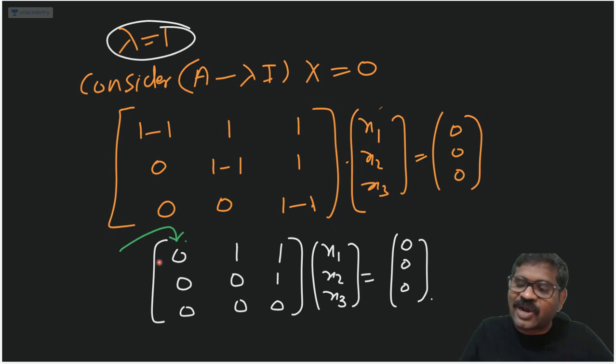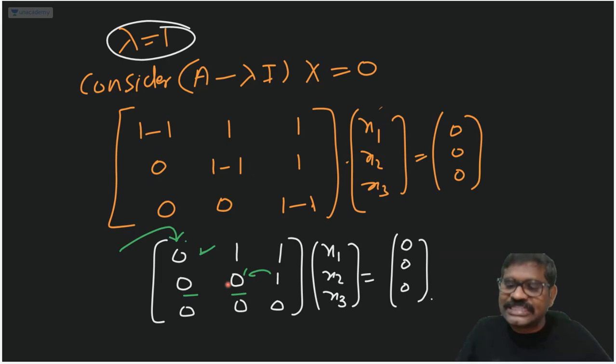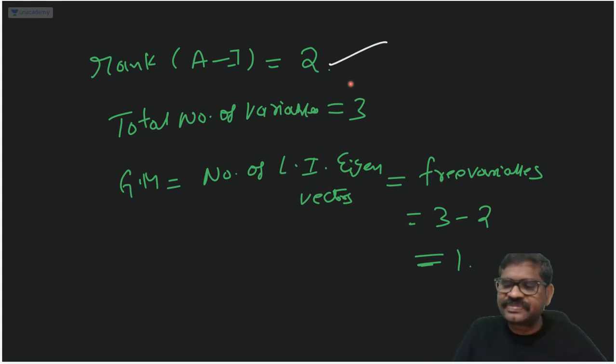Cross check: here 1 zero, here 2 zeros. Increasing, therefore it is in echelon form, 100%. That's why I have written rank is 2. Understood? Any innovative questions?